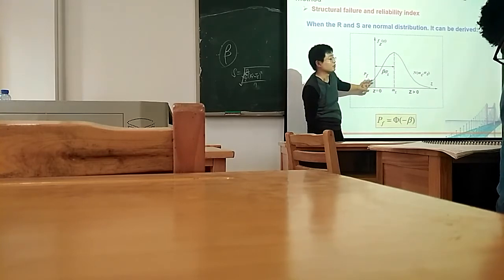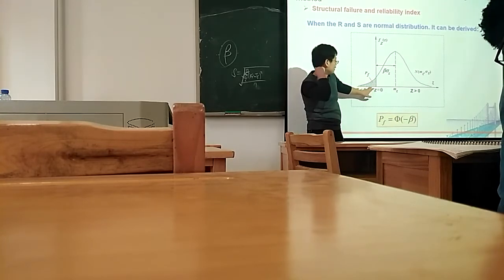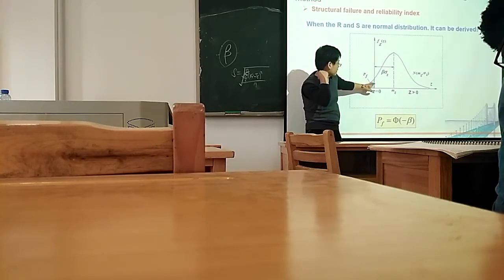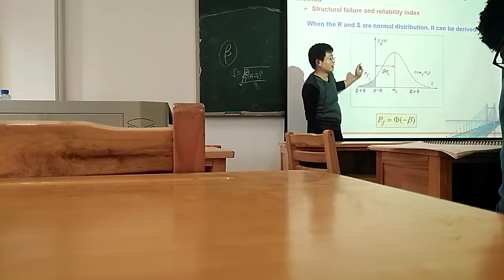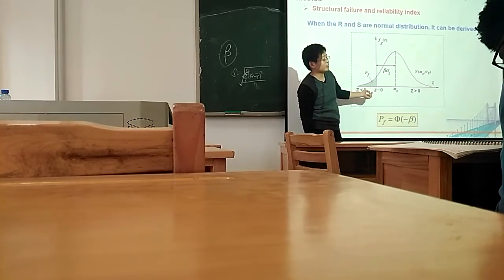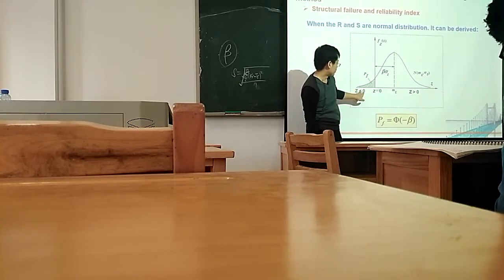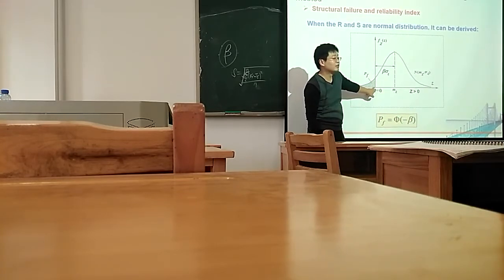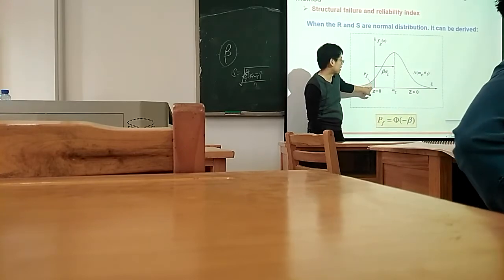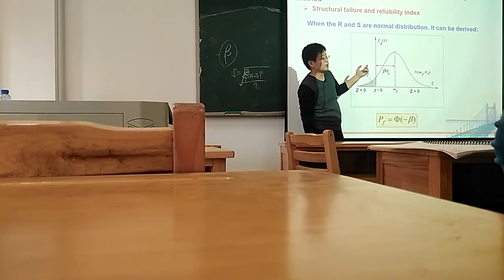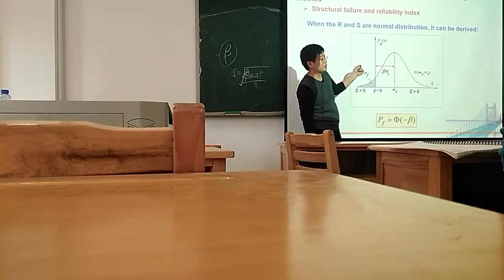This area represents the unreliable situation, where Z is smaller than 0. That means this structure becomes more unreliable, and the reliability probability gets smaller.